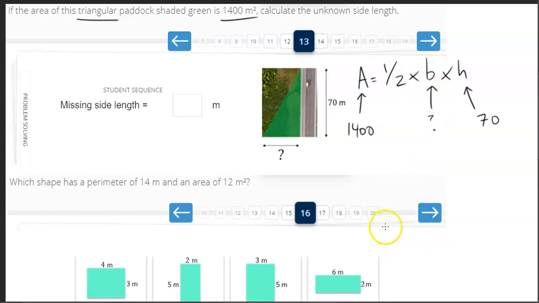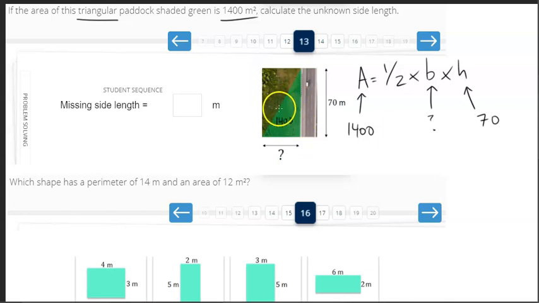What we want to know is, what's the base length? Now, there are different ways that we can approach this, and there's obviously the algebraic way, which I'm not necessarily going to show you. I'm actually going to show you the logical way of solving this. Let's say that we know that this area from here to here is 1,400.